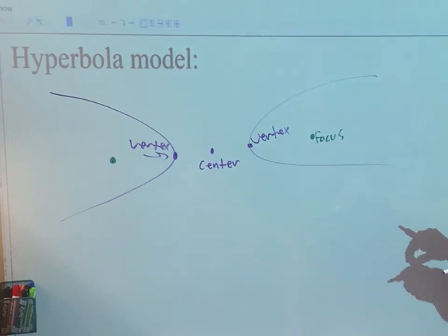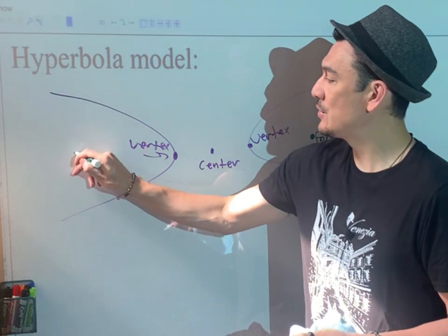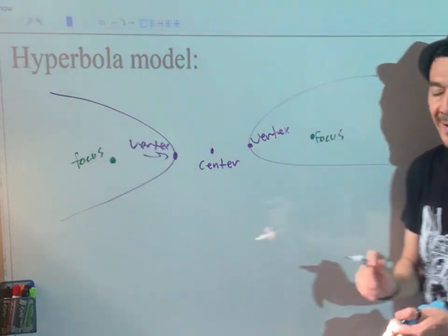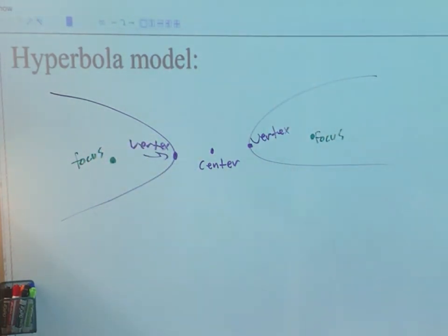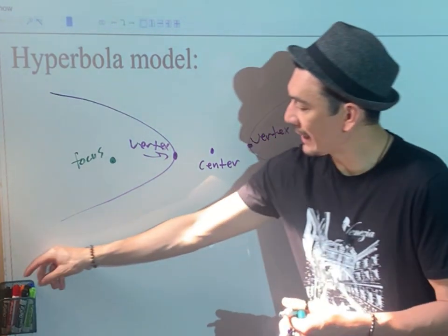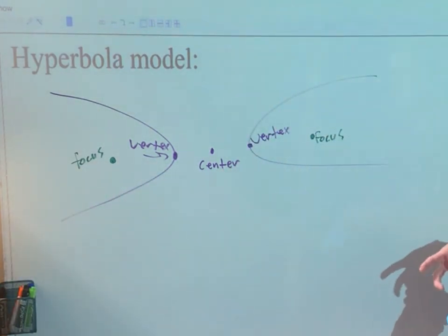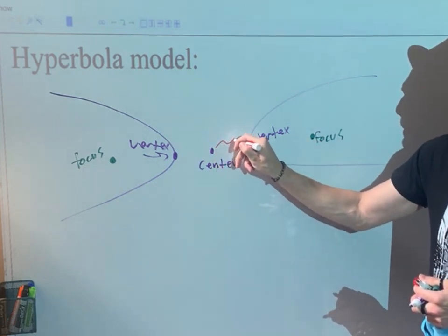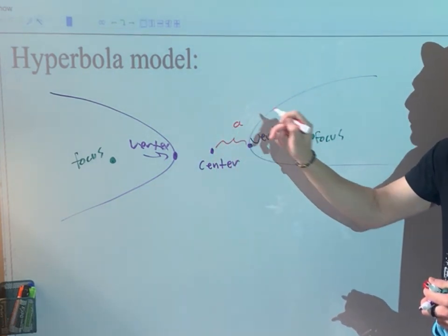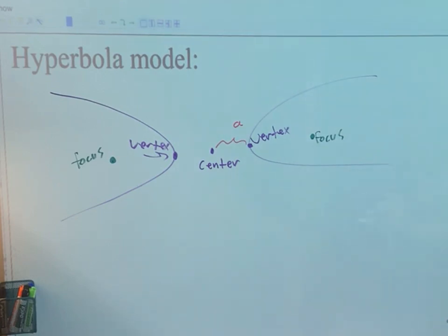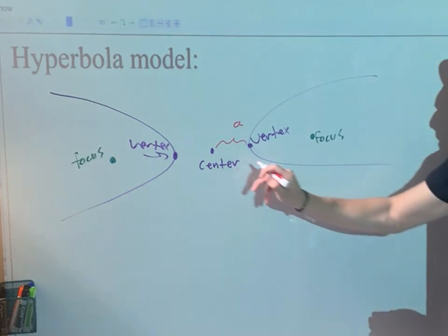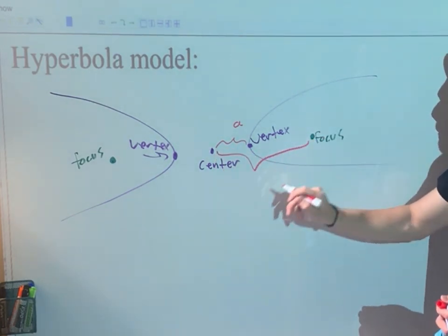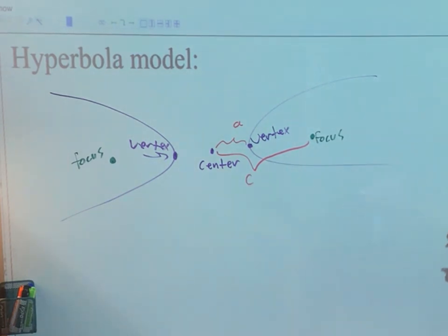So we have two vertices, and we have two foci, all right? Now, I do want to tell you about A's, B's, and C's, yes? So from your center to a vertex, that distance we still call A. From your center to your focus, that distance we call C.